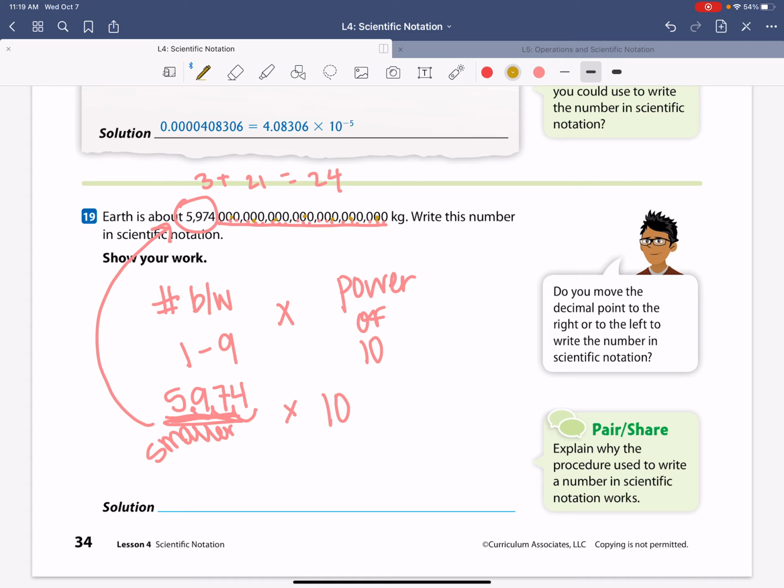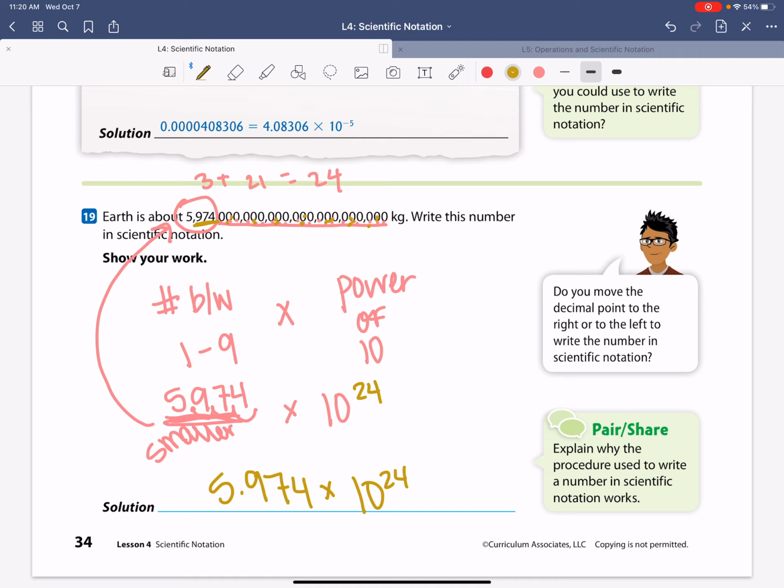I said 3, 6, 9, 12, 15, 18, 21, and it is 24. Okay, I'm not crazy. To the 24th power. And I don't even know how I changed the color that quick, but there we go. All right, so you have your solution of 5.974 times 10 to the 24th power.